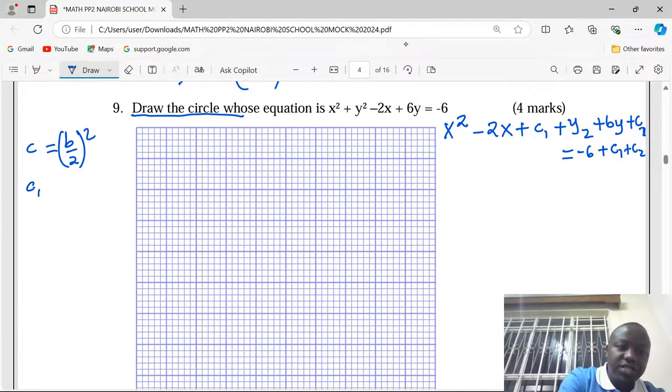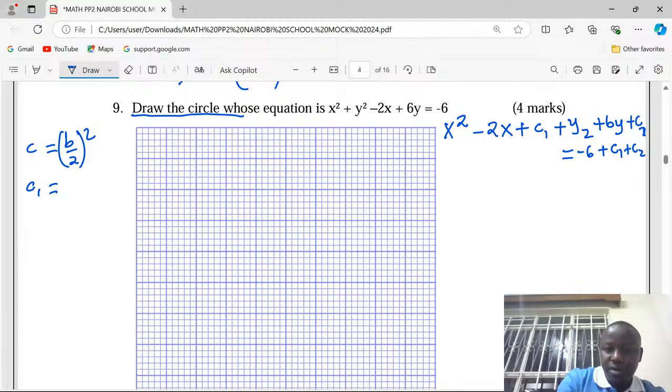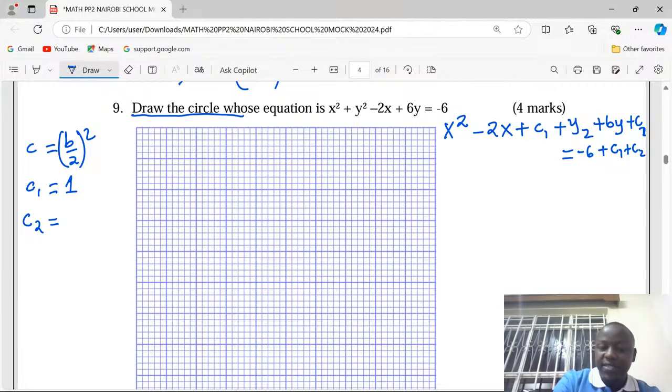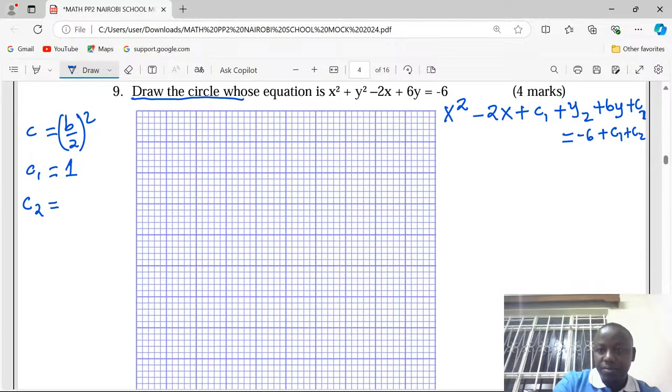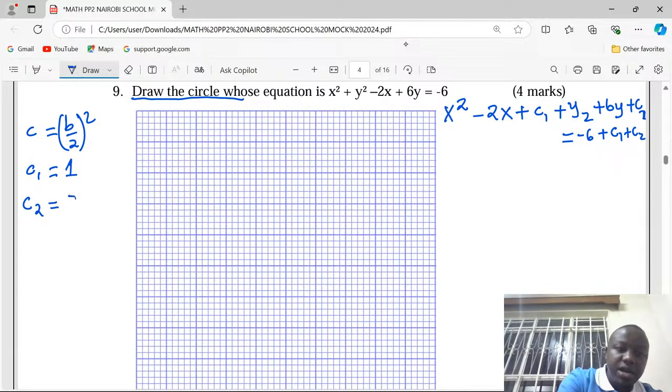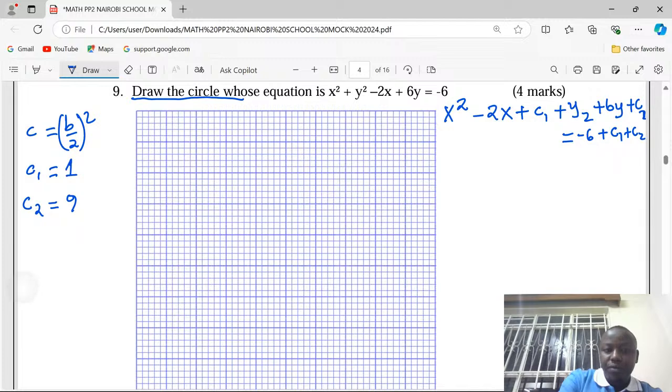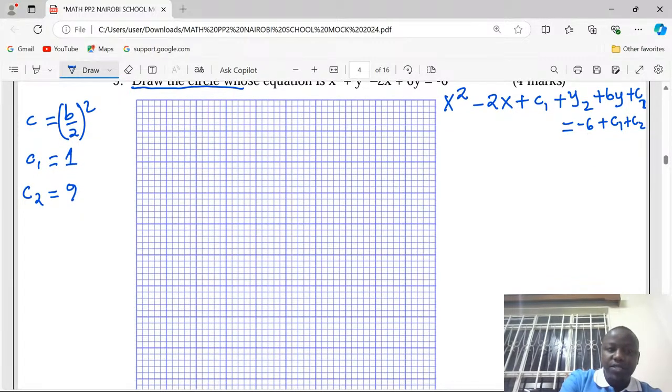So the first constant shall be, the value of b is -2. -2 divided by 2 squared, you get +1. The second constant shall be, b is 6 in the y components. So we need to say that 6/2, which is 3 squared, gives us 9. So the second C is 9.